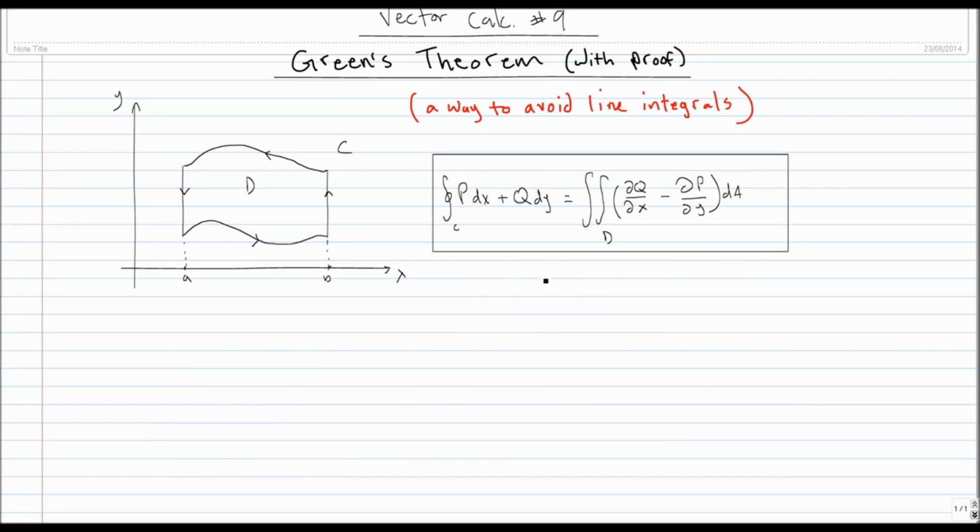Okay, so the thing that makes this proof not very satisfying is that you prove this formula part by part, where each part is limited in scope. The part that I'm going to prove here is actually limited to this type of region here.